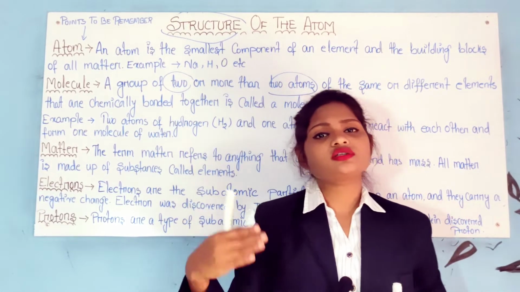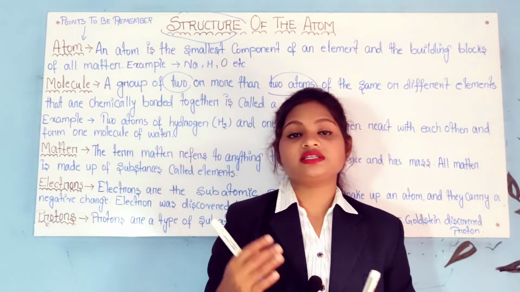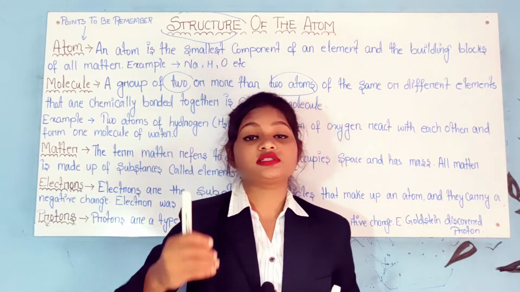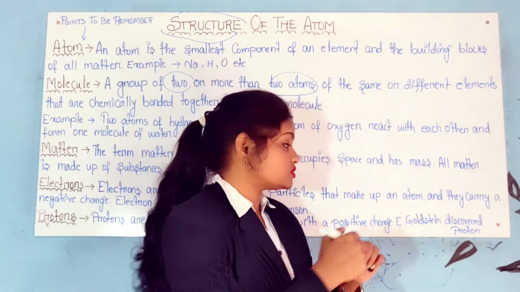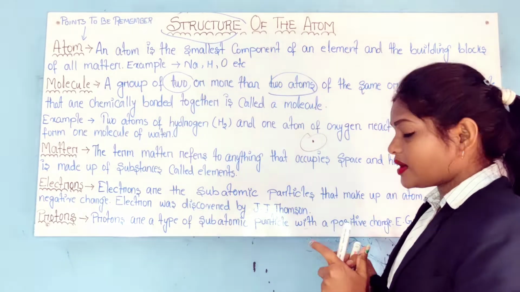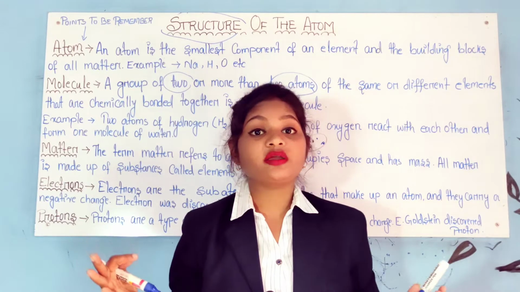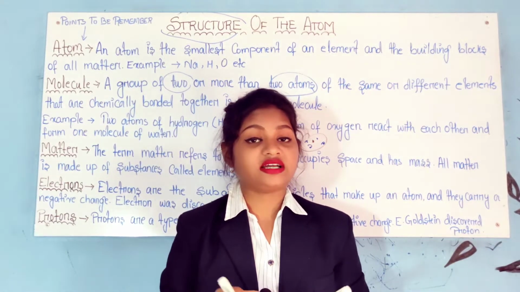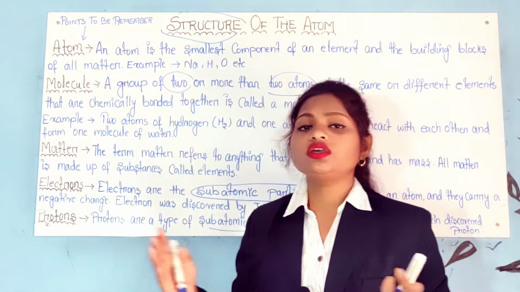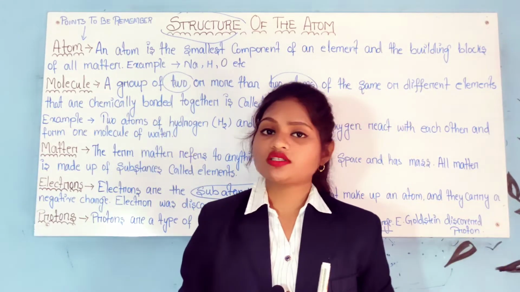But after lots of experiments and discoveries, many scientists found subatomic particles inside atoms. Suppose this is an atom, and inside it they found subatomic particles known as electrons and protons. Electrons have negative charge and protons have positive charge.